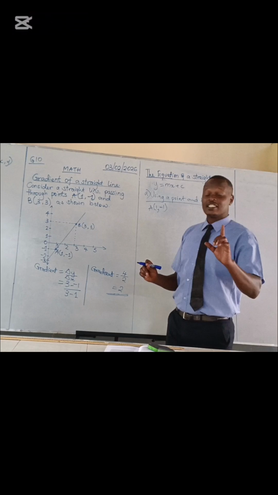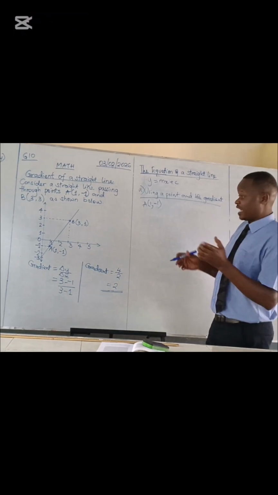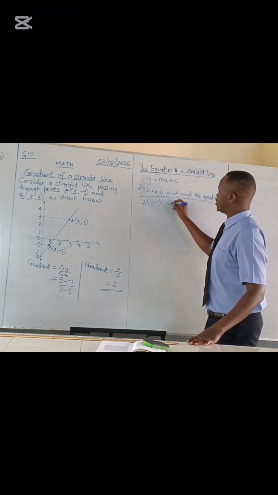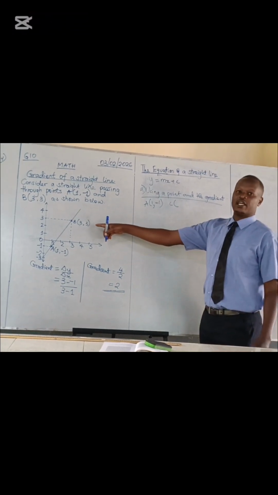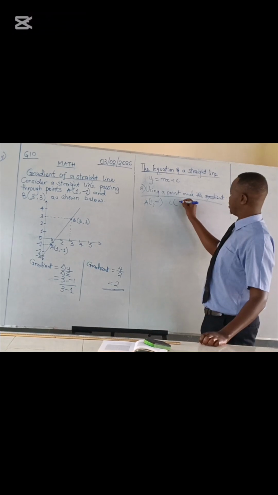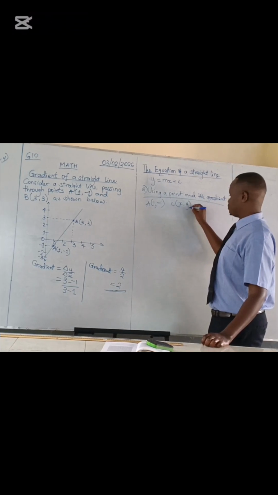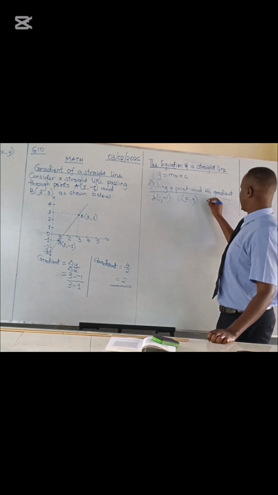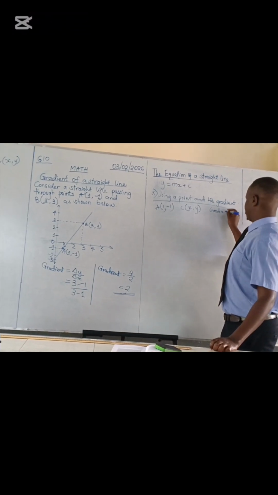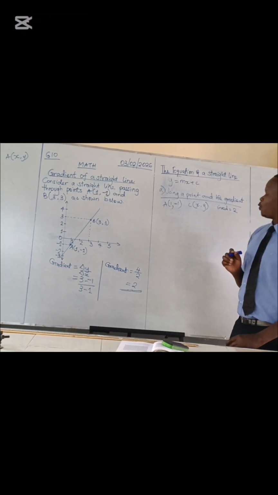And we must use the next point. So I want us to use point C because B already we have here. So we can pick on point C with the coordinates x and y. And the gradient here that we have is 2. So what do we do?